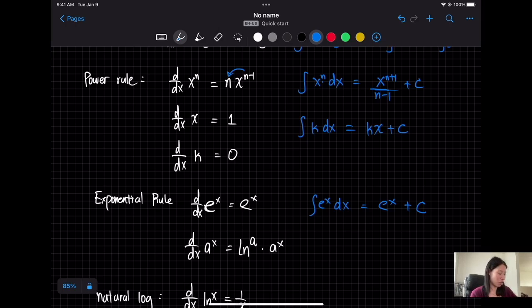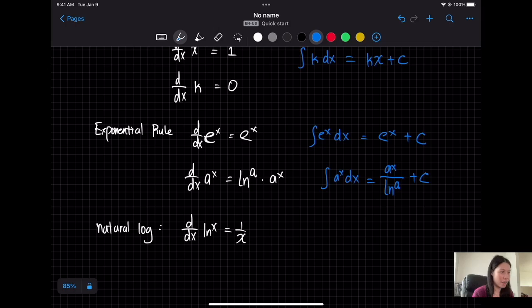And if I want to do the antiderivative of a to the x dx, this is something that you need to remember. It's going to equal a to the x power over ln of a, and then plus a constant c. The last one is the antiderivative of 1 over x dx, which is sometimes written as x to the negative 1 power dx. This is going to equal ln x plus c.